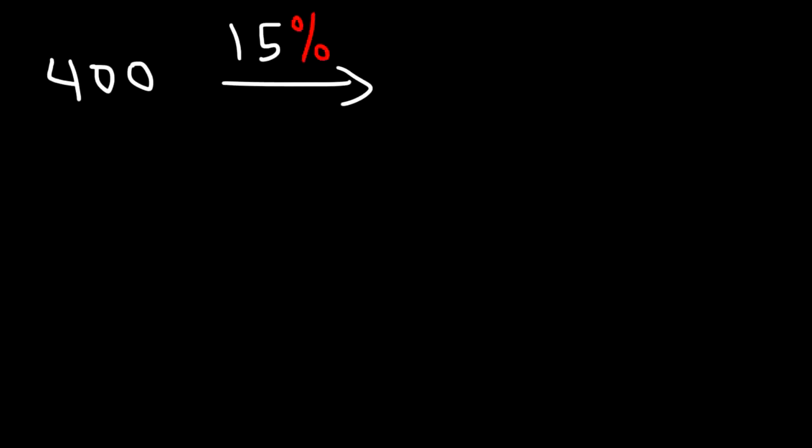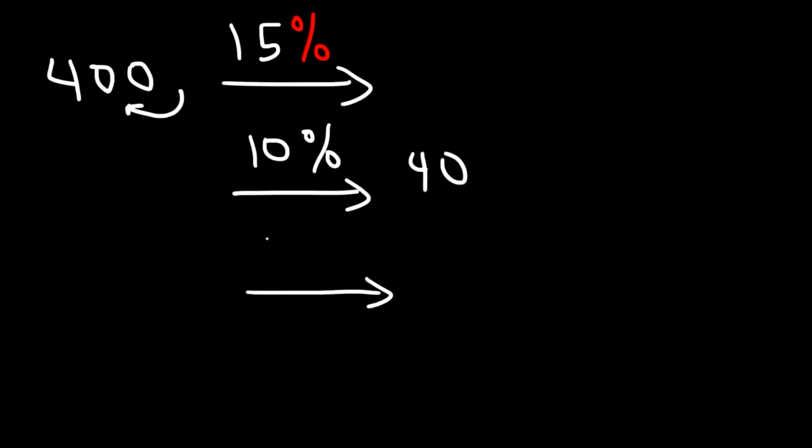Now here's another problem. What is 15% of 400? What would you do in this situation? Well, first, let's find out what 10% is equal to. 10% of 400 is 40. Now, what is 5% of 400? 5% is half of 10%. So if 10% is 40, 5% is 20.